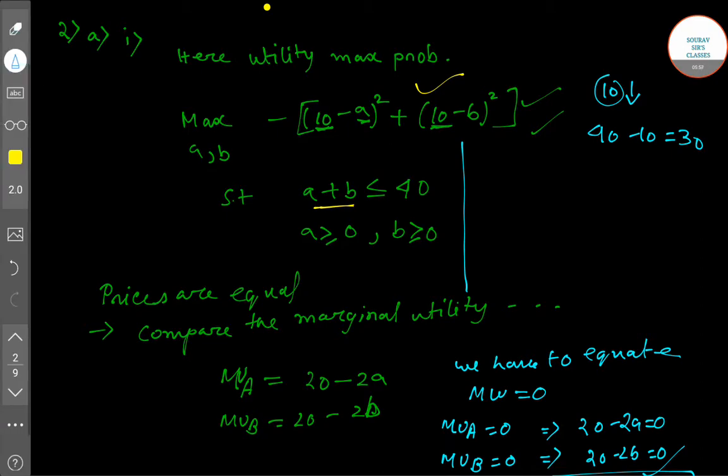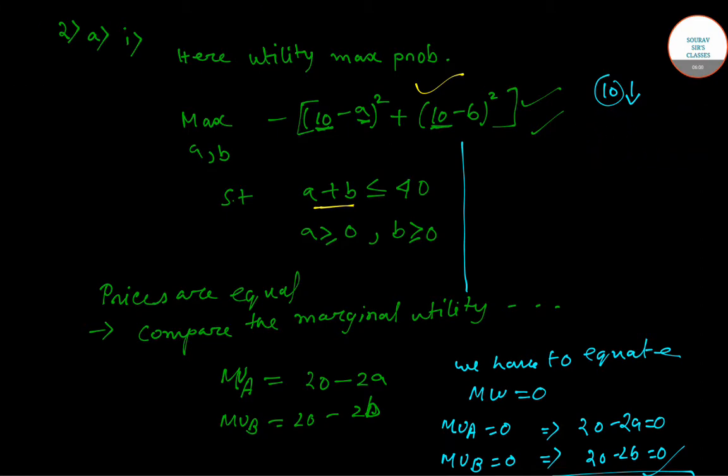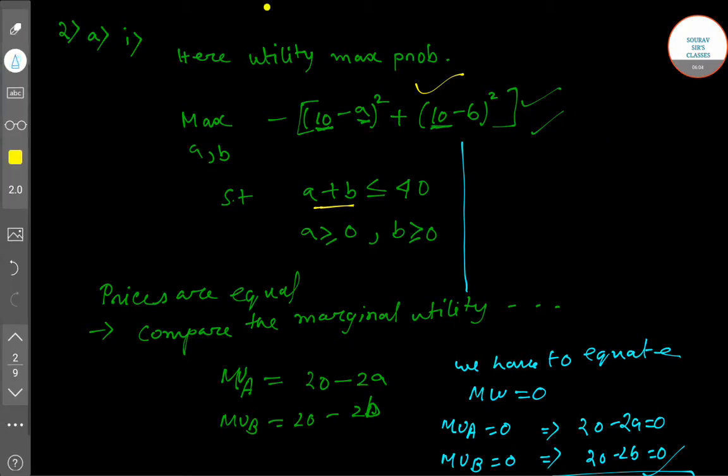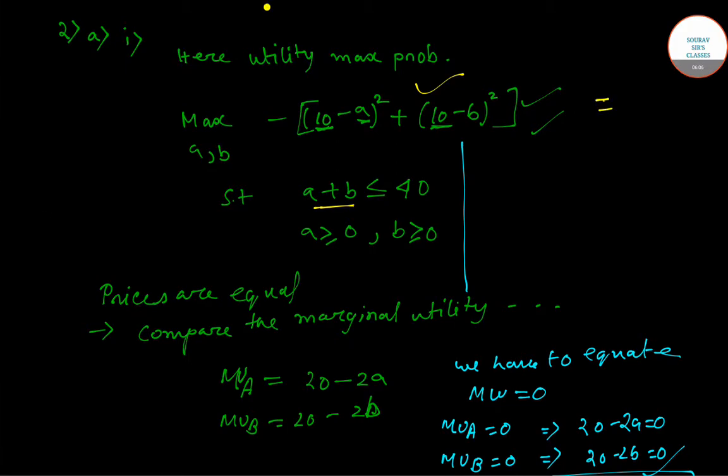I have made a mistake. In the question the income becomes 10 from 40. So now it will be subject to a plus b less than or equal to 10.